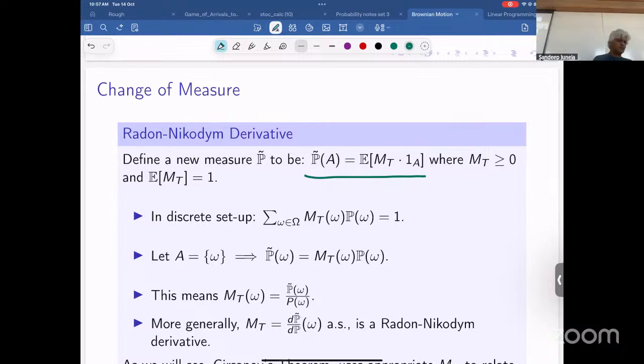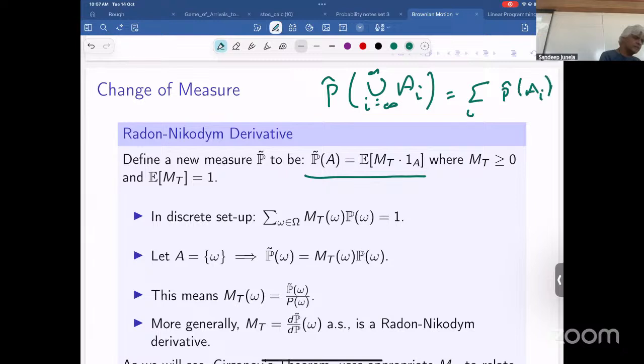No, I mean, what do you want to show? You want to say that P tilde of the union over i equal to 1 to infinity is equal to the summation of P tilde, i equal to 1 to infinity, when the A_i are disjoint. So just take it for finitely many.